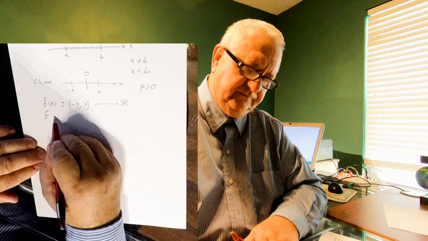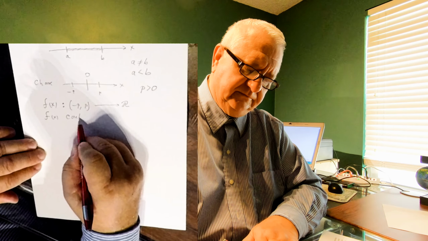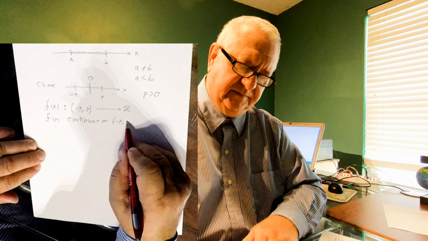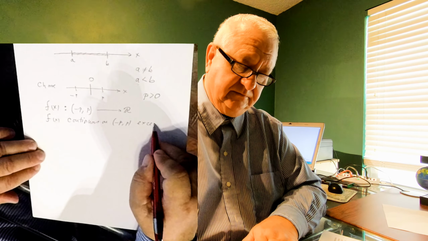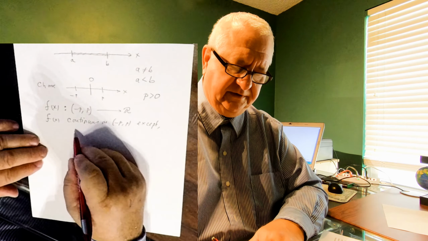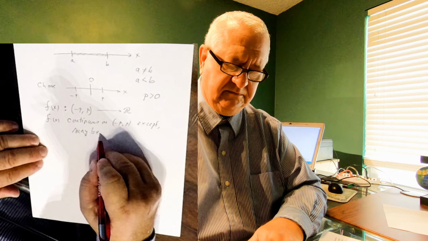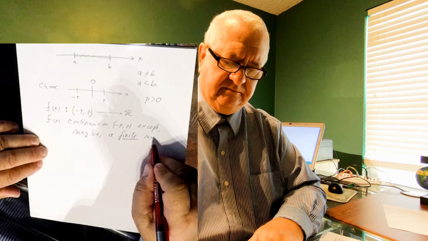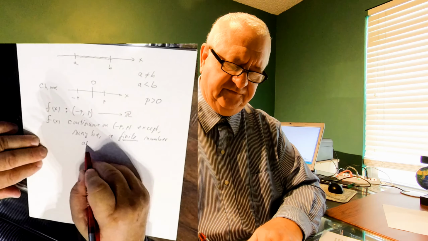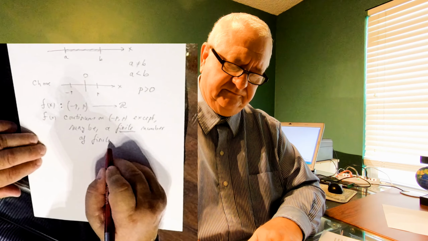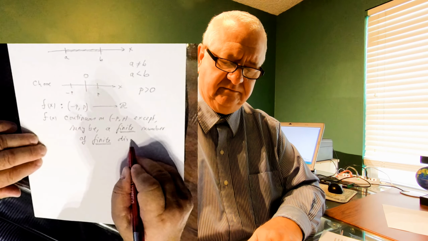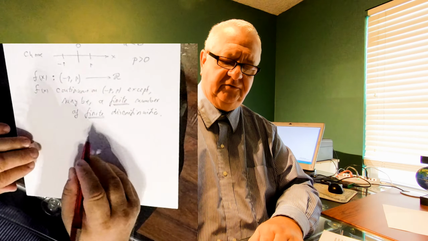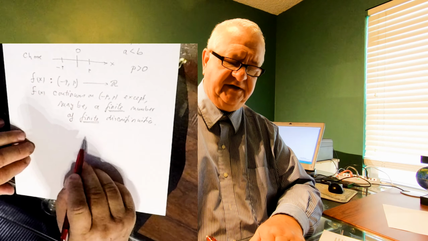And this function is continuous on this interval, minus p, p, except, it's not necessary, maybe a finite number of finite discontinuities. As you can see, it's easy to remember the word finite.